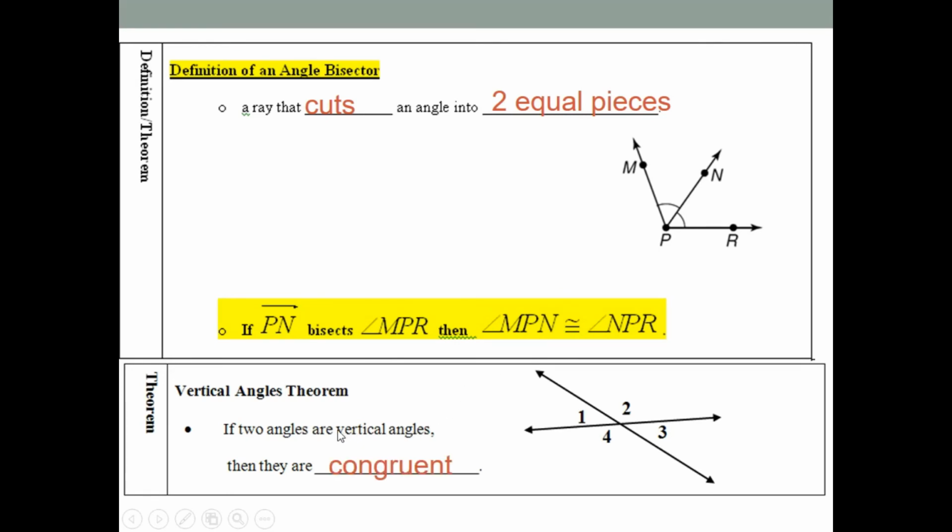Vertical angles, if we know two angles are vertical angles, that is, they are across the intersection from each other, then they are congruent. These both are things that when we see these keywords, angle bisector or vertical angles, they set us up for a step in a proof. So it's really important that you get used to looking for these keywords.